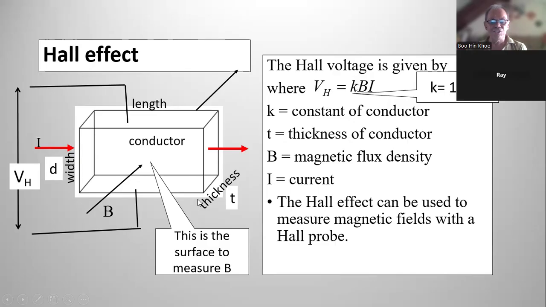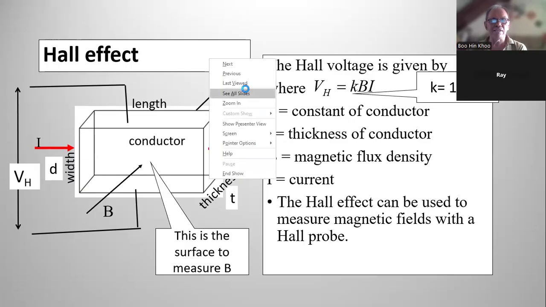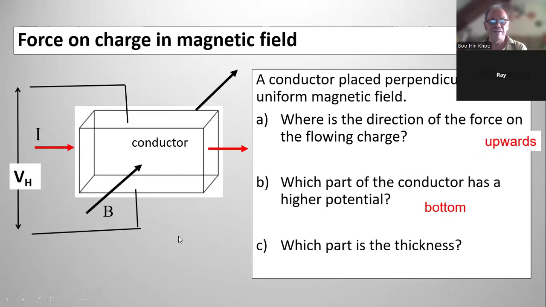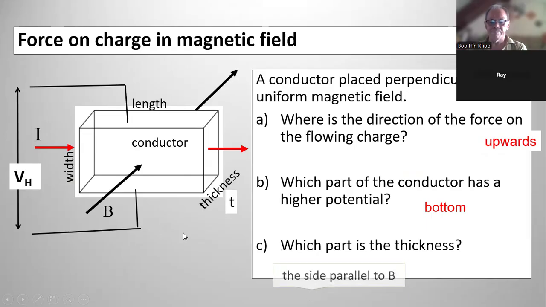And then there's the thickness of the conductor. You need to know how to identify all this. So there's your thickness. The thickness is always parallel to B.